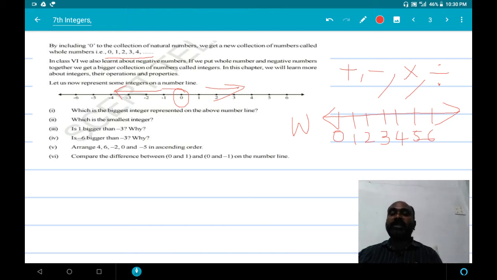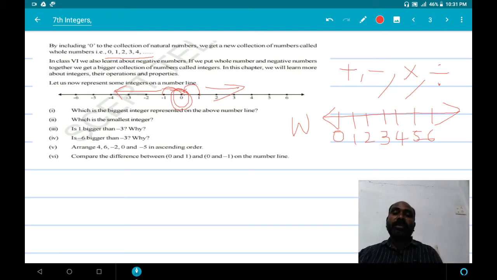So here we observe that from 0, when we go to the right side, the numbers are in increasing order. From 0 to 1, one is greater than 0, and from 0 to minus 1, minus 1 is less than 0.